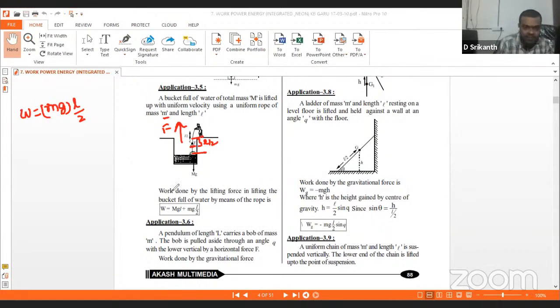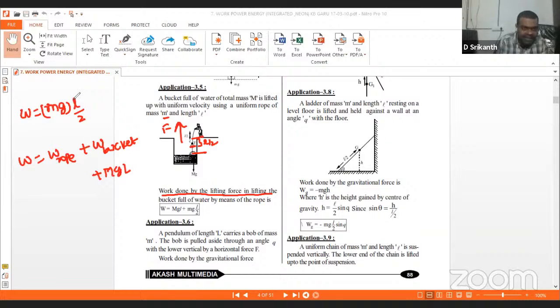So here the work done in lifting the bucket full of water is the work done on the rope by the person plus the work done on the bucket. For the bucket, it is MgL.